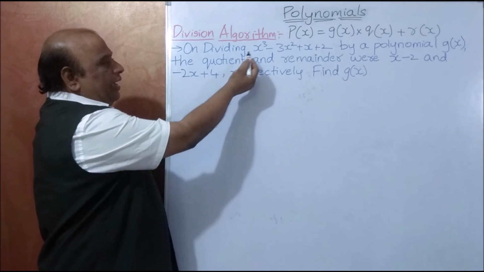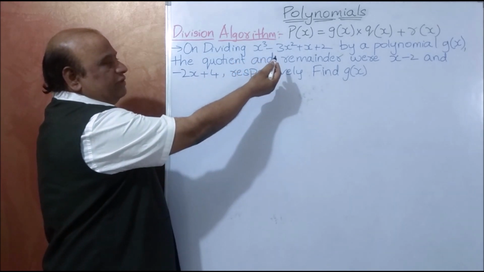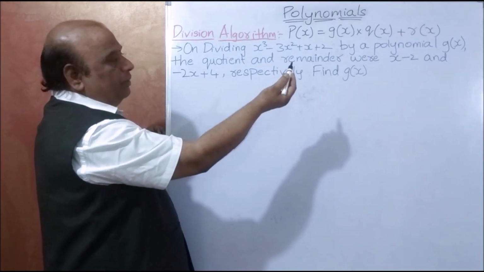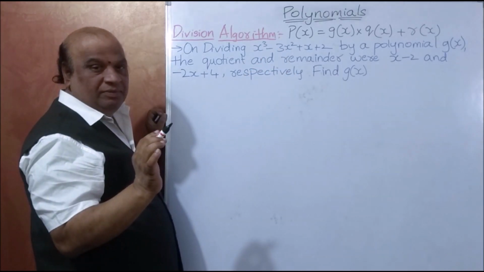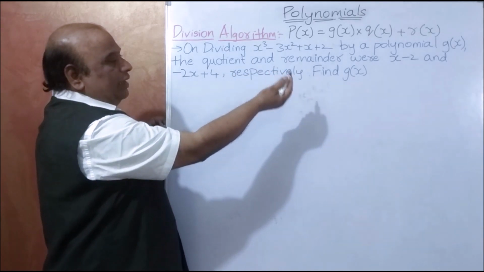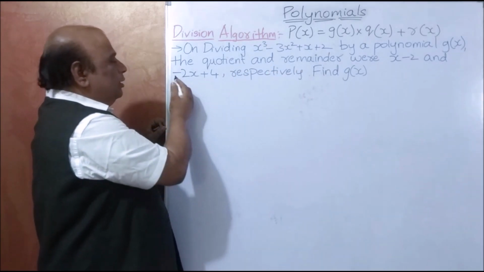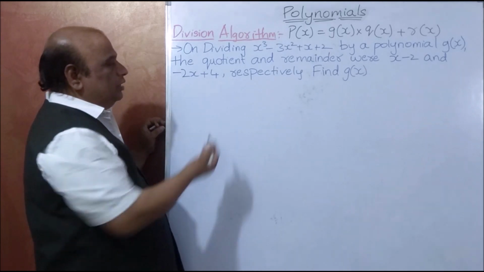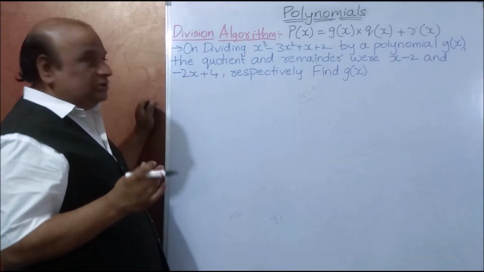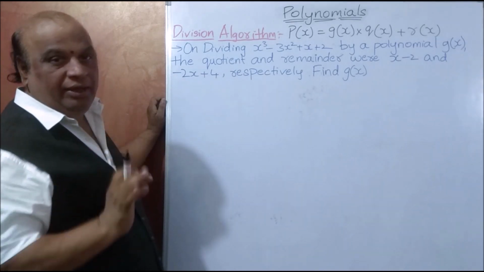On dividing x cube minus 3x square plus x plus 2 by a polynomial g of x, the quotient and remainder were x minus 2 and minus 2x plus 4 respectively. Find g of x. This is some variety.